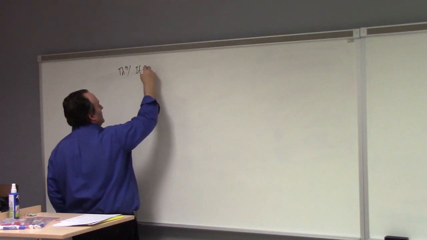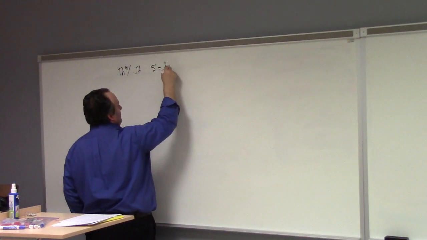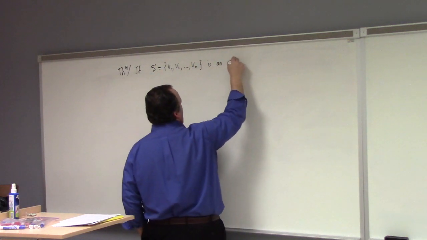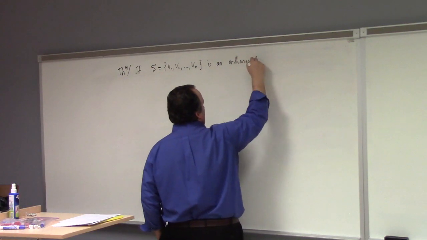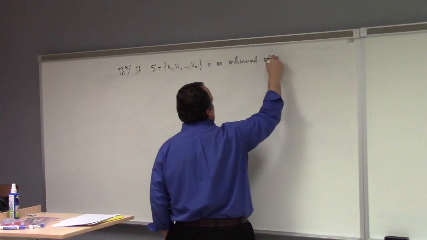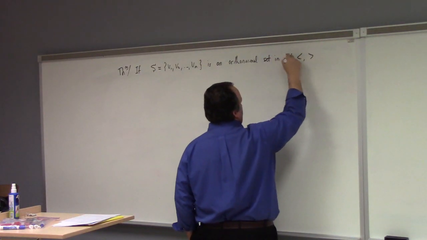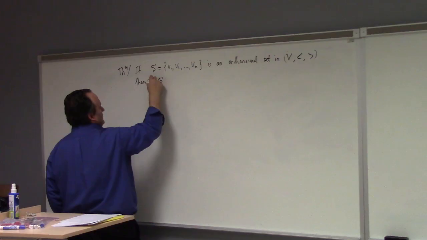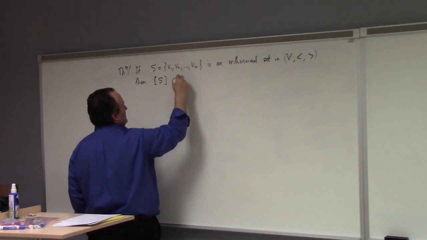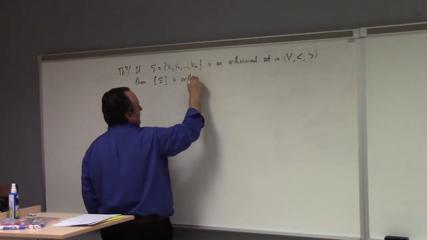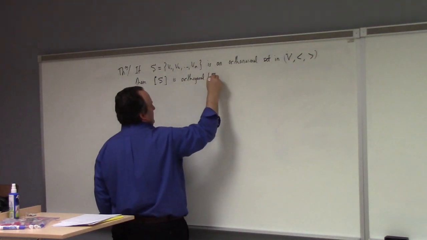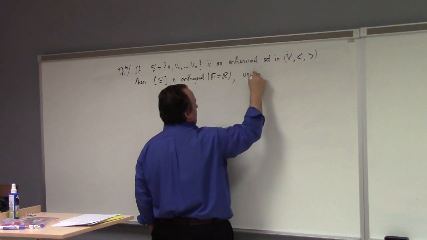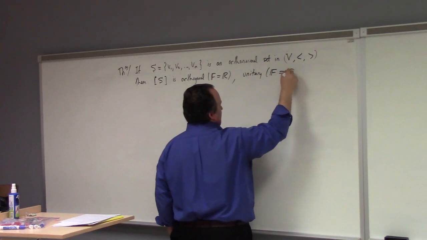If S is an orthonormal set in V with inner product, then the matrix of S is orthogonal for F equals R. And I have a suspicion, I'm not sure about this, but I think it's unitary in the case that the field is the complexes.